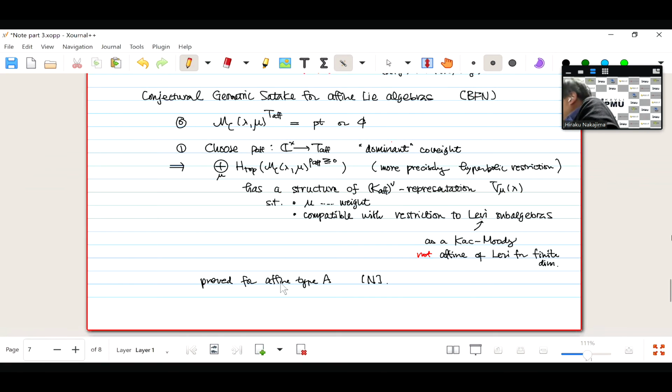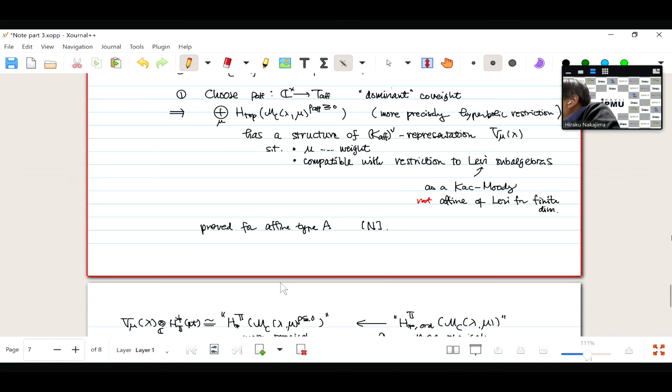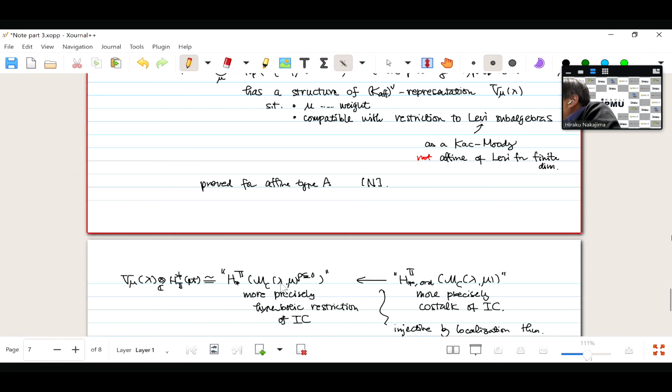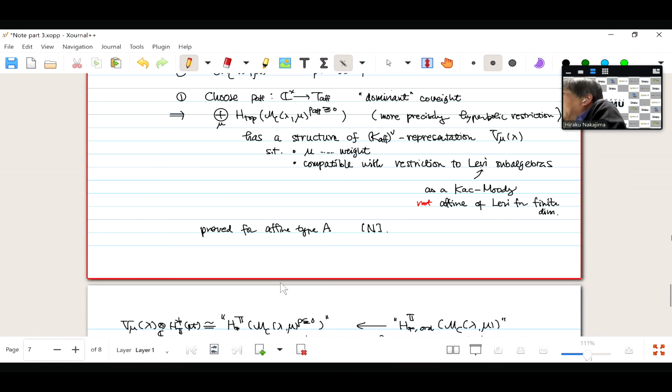So now let me try to explain the relation between this construction and VOA. So this is the usual construction of the representation of the affine algebra, and it's an integrable representation. So now we replace ordinary Borel-Moore homology by equivariant homology.